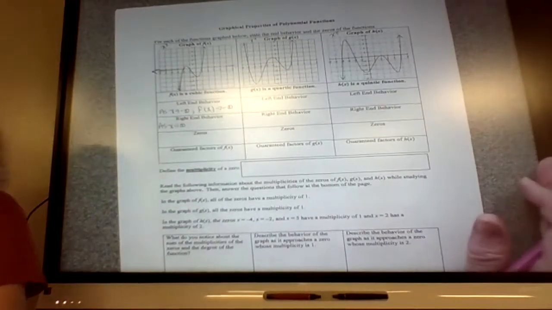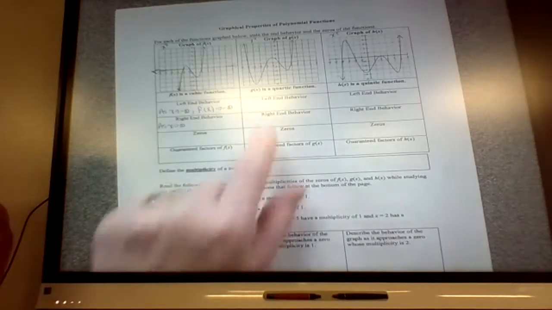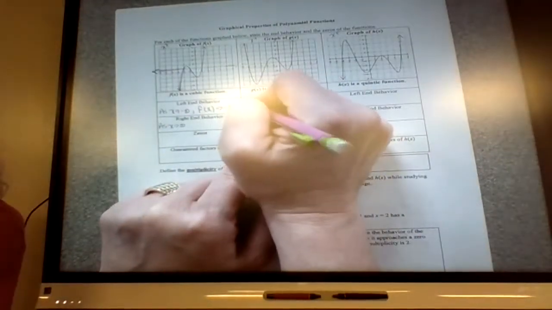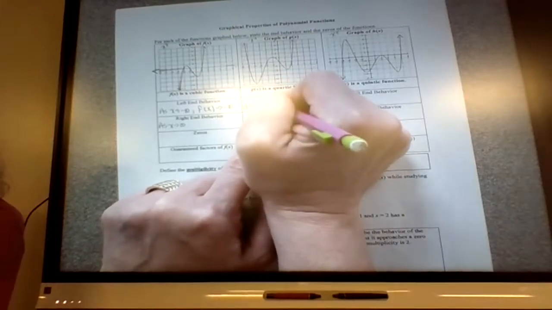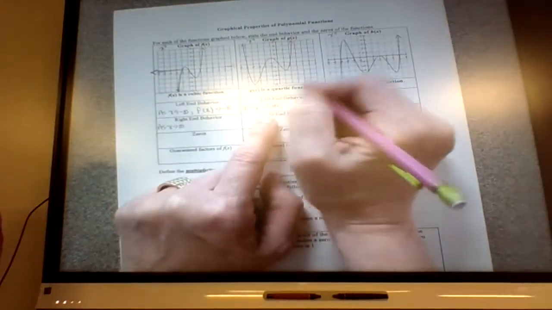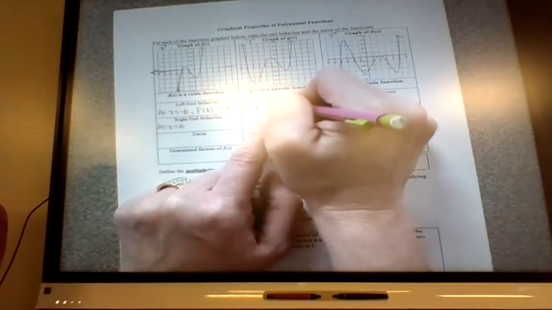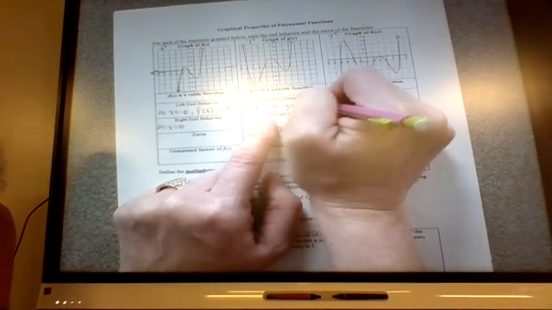Anything right or up is positive infinity. What's the left end behavior over here? As x is going off to negative infinity, what's happening on this quartic function? It's going to positive infinity because it's going up. So g of x is going to positive infinity.